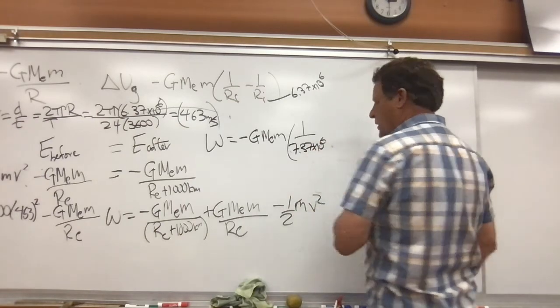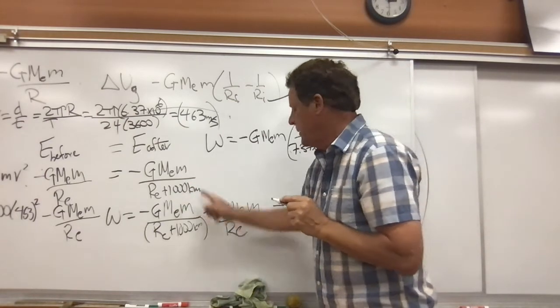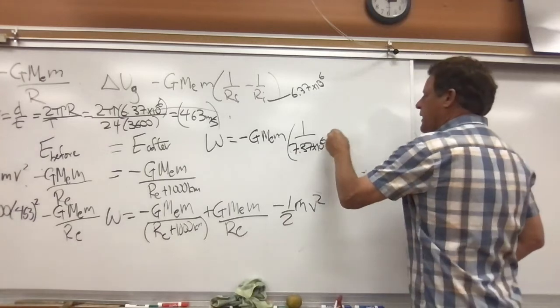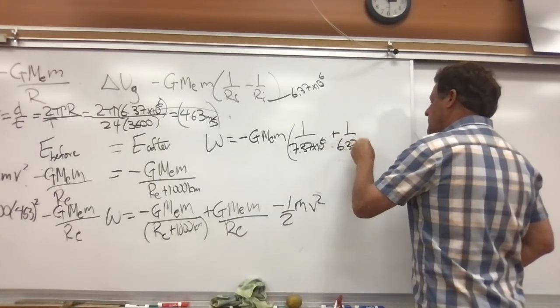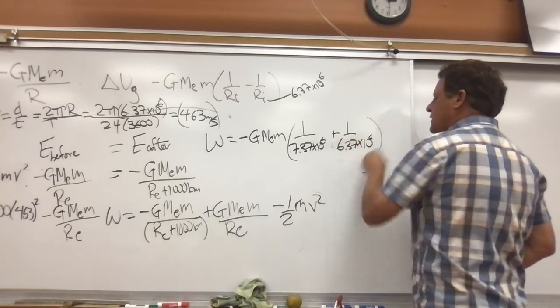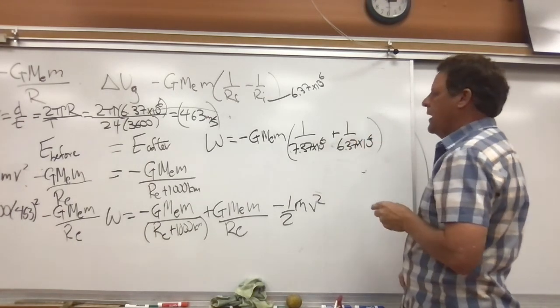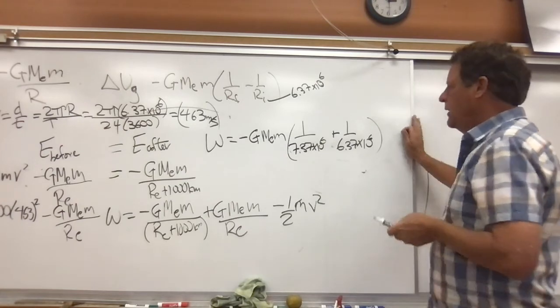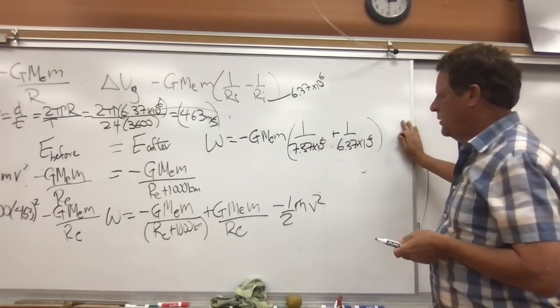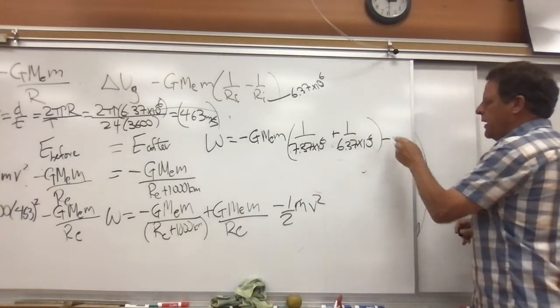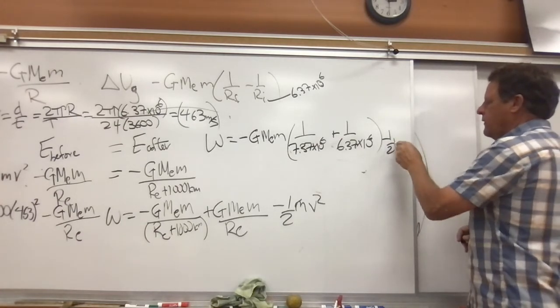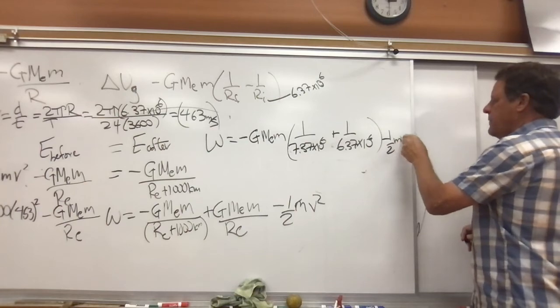So that's going to be this part, plus 1 over 6.37 times 10 to the 6th. And now we're also going to have this minus 1/2 mv squared.